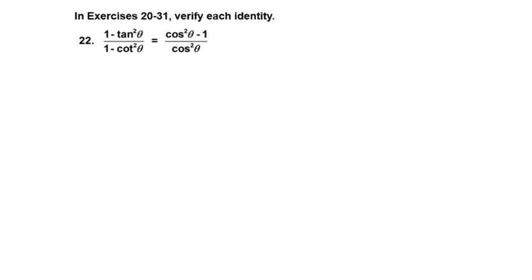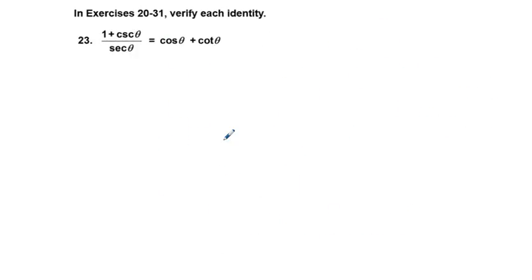Next odd number problem, which is 23, we have 1 plus cosecant theta over secant theta equals cosine theta plus cotangent theta. And in this case, what we're going to do is work with the left side of this equation and get the left side of the equation equal to this right side, cosine theta plus cotangent theta.